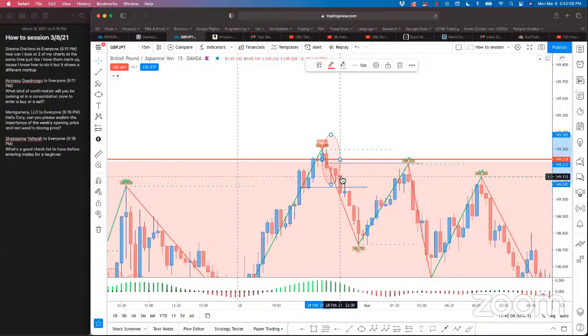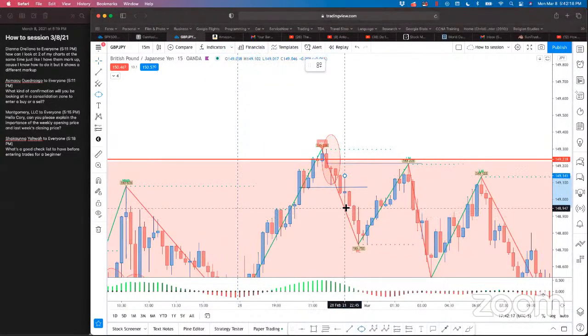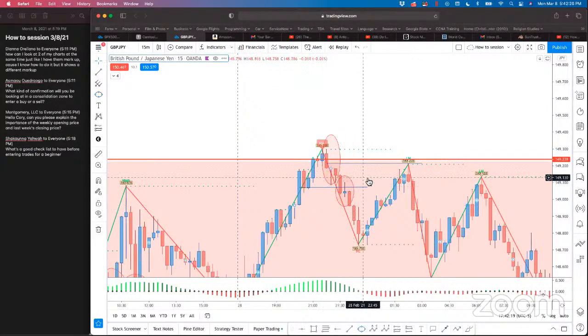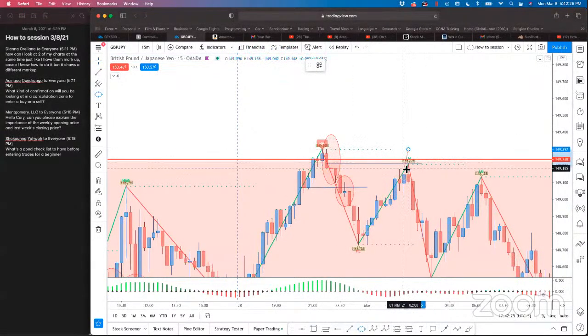So this candle would have broke and closed below. This candle retest. This one, this is our first entry. If I missed that, I would have got this entry right here. This would have taken a little while, but I would have got this entry.